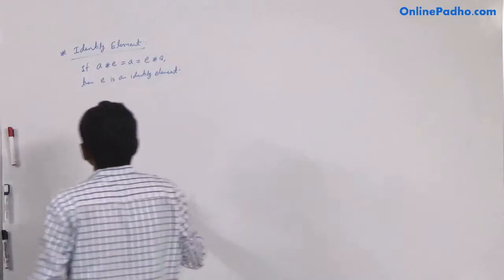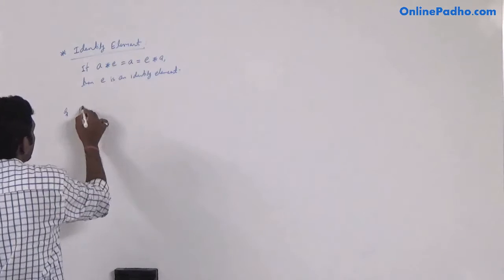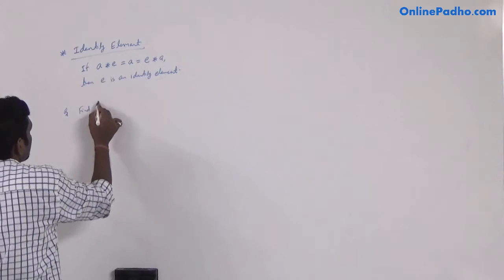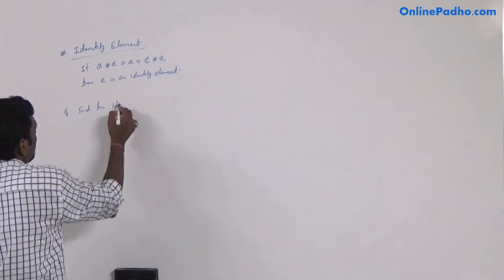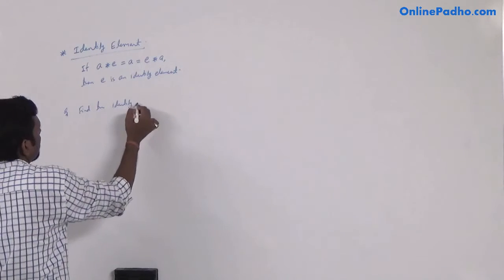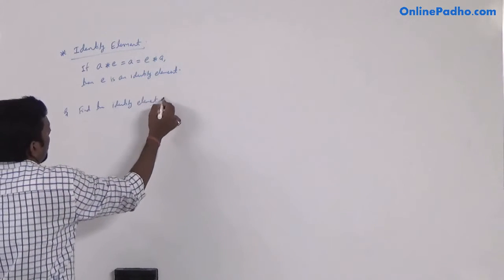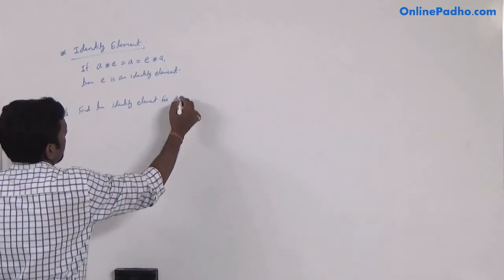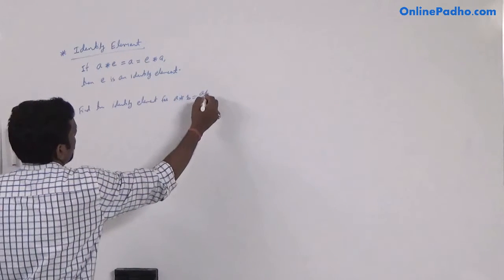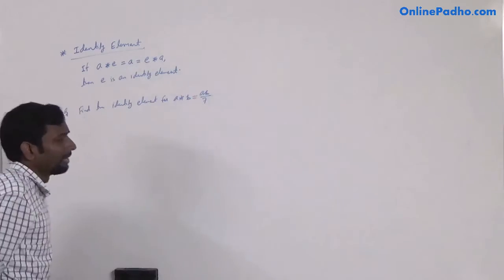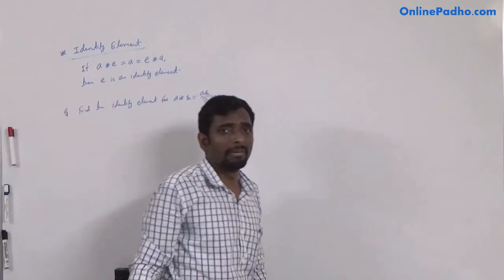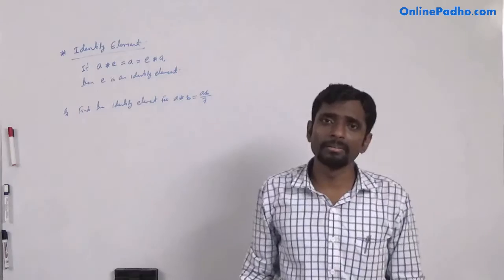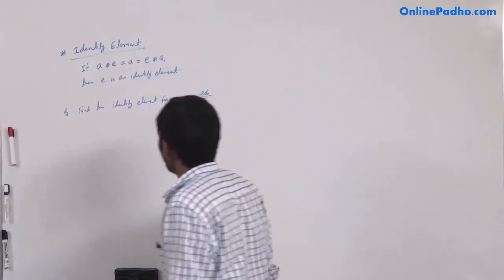Now let us see from an example. Find the identity element for A star B equal to AB by 7. Find the identity element of the star where A star B equals AB by 7.